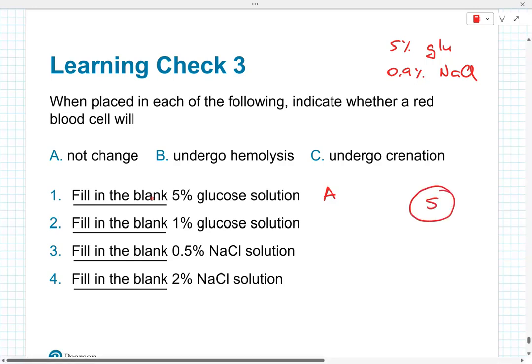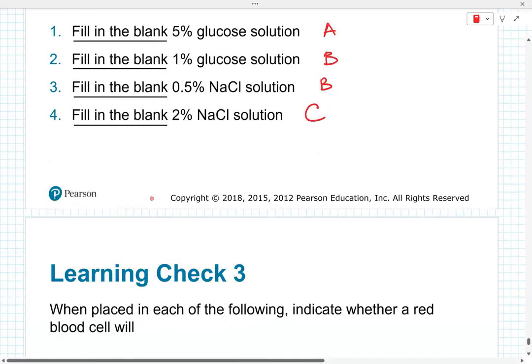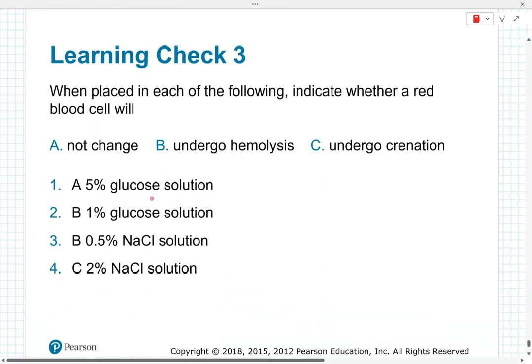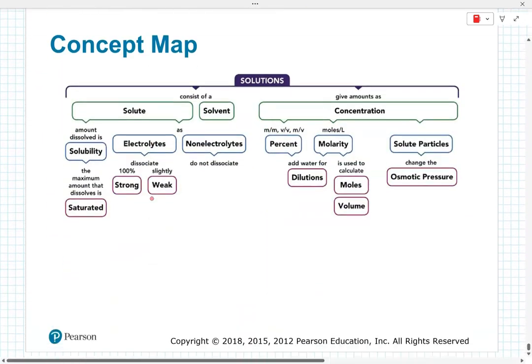So the cell is 5, outside is 1, so the cell is going to expand. 0.5% sodium chloride: hypo, which means expand. 2% sodium chloride: hyper, crenation. Okay, that's the solution concept map.